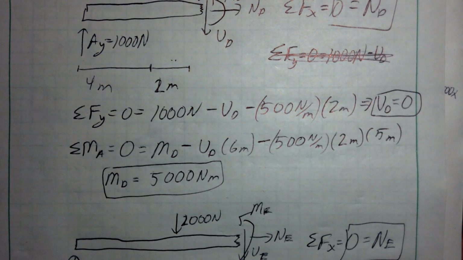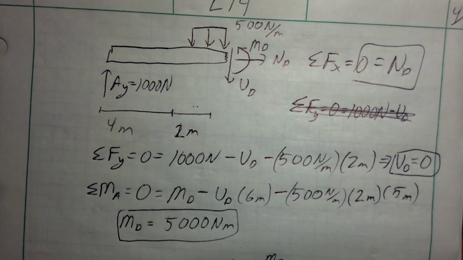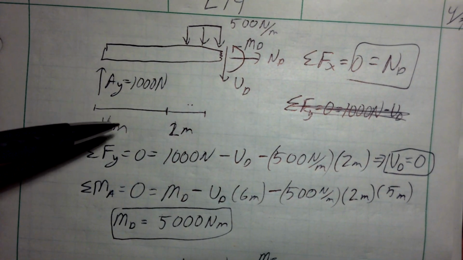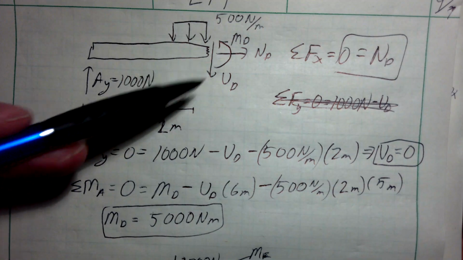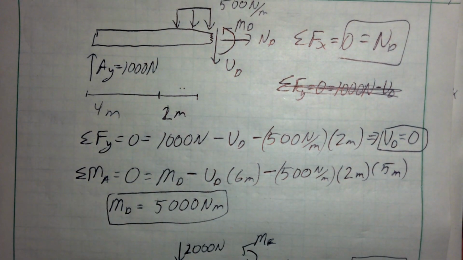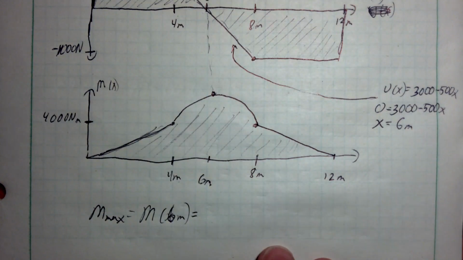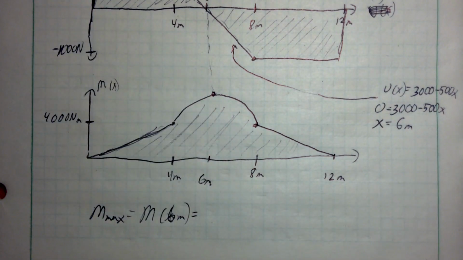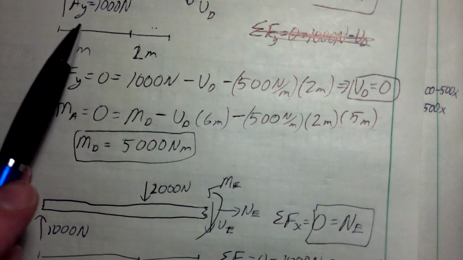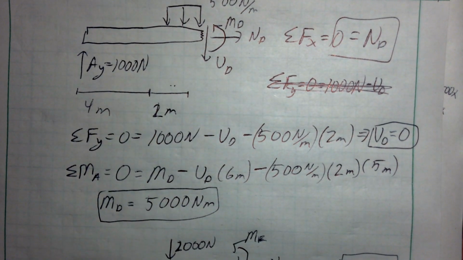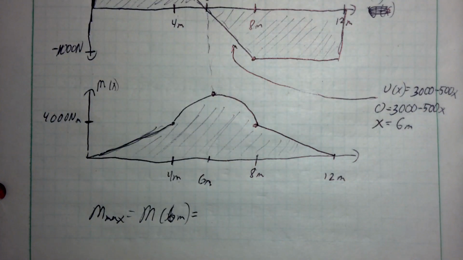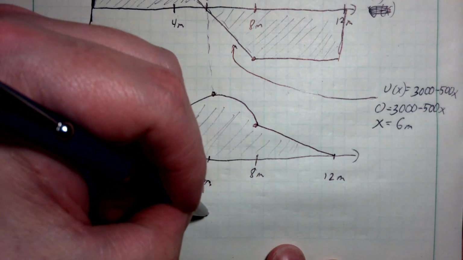Okay, I cheated. I looked back here. Remember, we did this problem earlier where we cut it at 6 meters. We found the bending moment at this, we call this point D. The bending moment at point D was 5,000 Newton meters. We found the equation for this moment, but earlier in the previous problem, we had actually found this value at 6 meters.